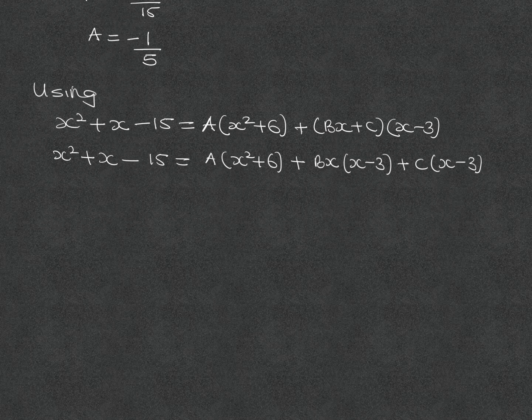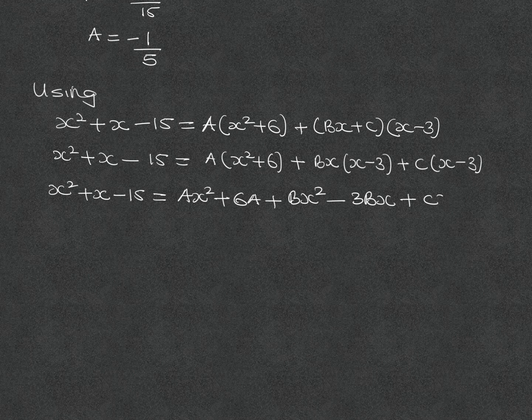Okay, so that is x squared plus x minus 15 is equal to a times x squared is ax squared, plus a times 6 is 6a, plus bx times x is bx squared, minus bx times 3 is 3bx, plus c times x is cx, minus c times 3 is 3c.